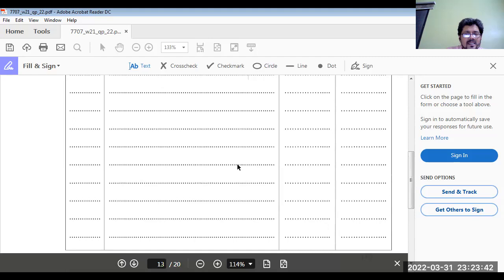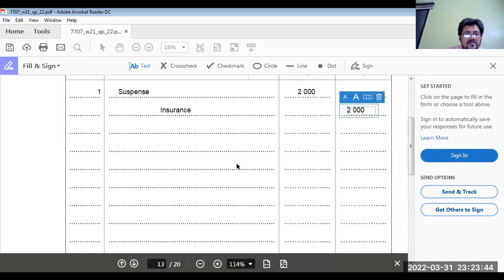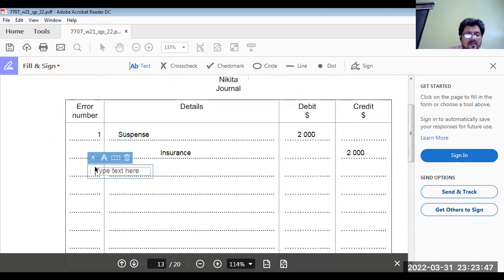Now, second entry, second error. That was the error of discount received. In that error, again, we have to debit suspense because we have to credit two discounts: discount allowed and discount received.